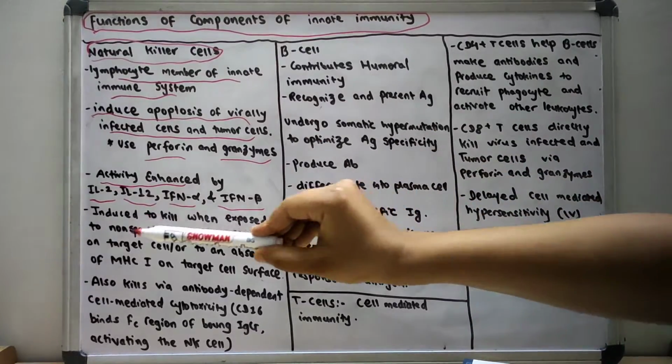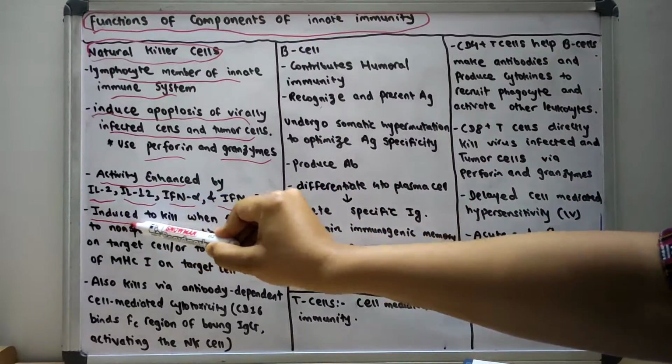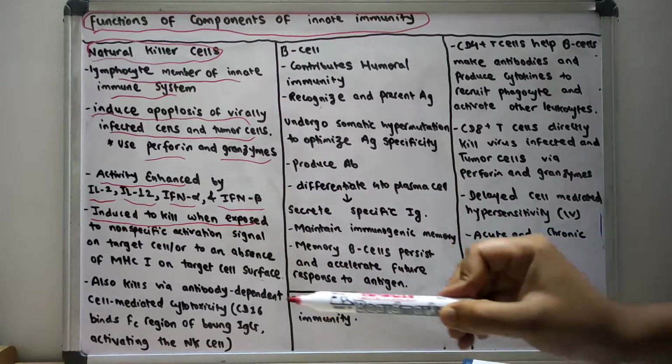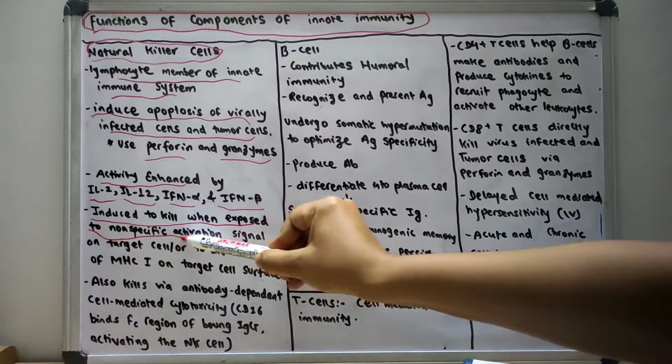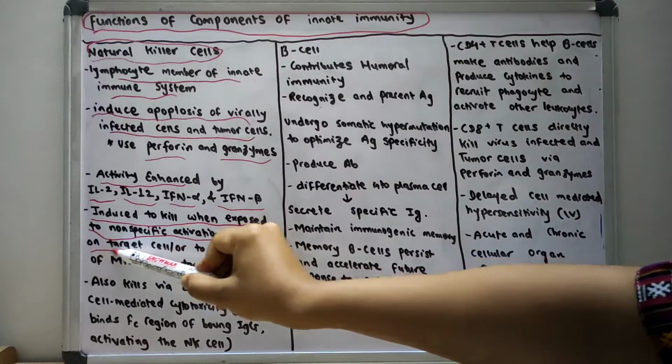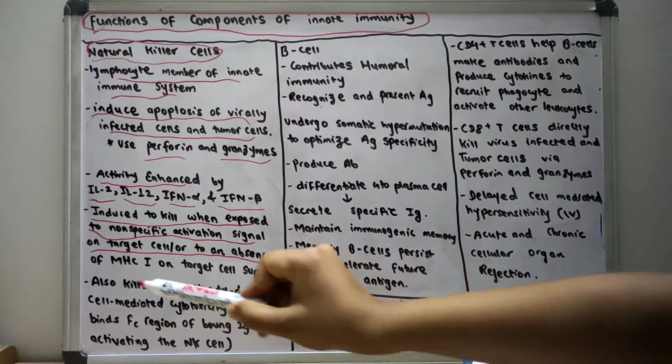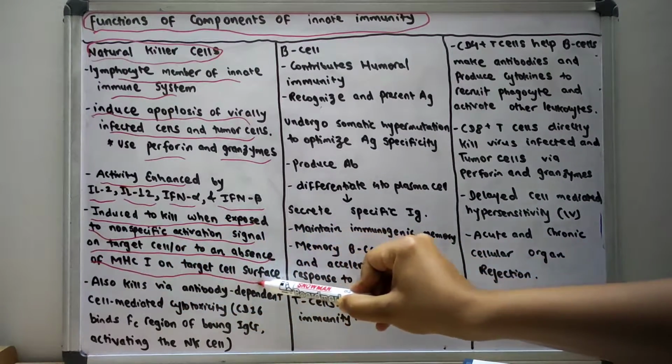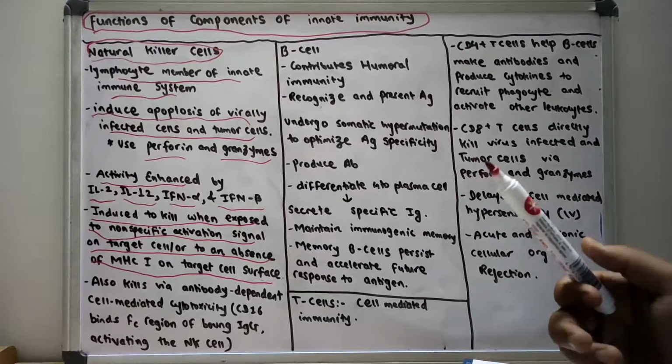The natural killer cells are induced to kill when they are exposed to a non-specific activation signal on the target cell, or an absence of MHC1 on the target cell surface.